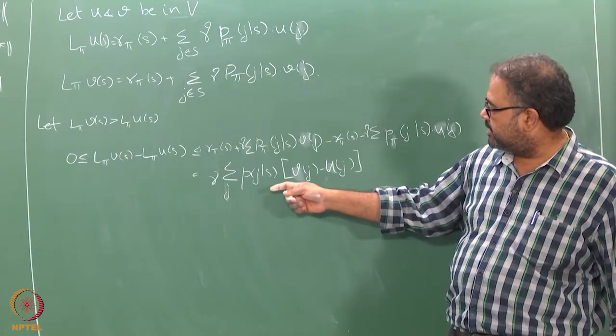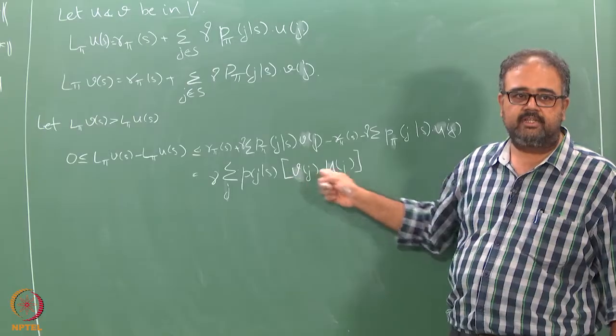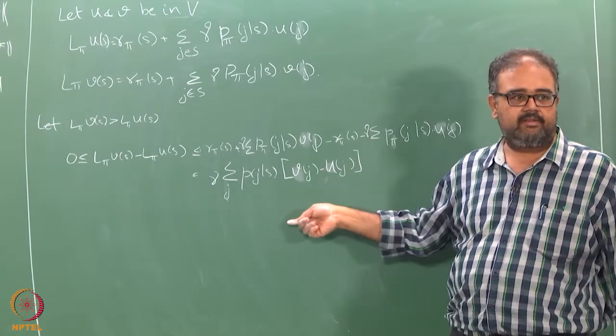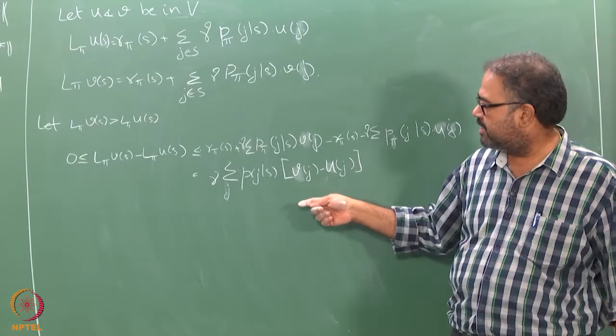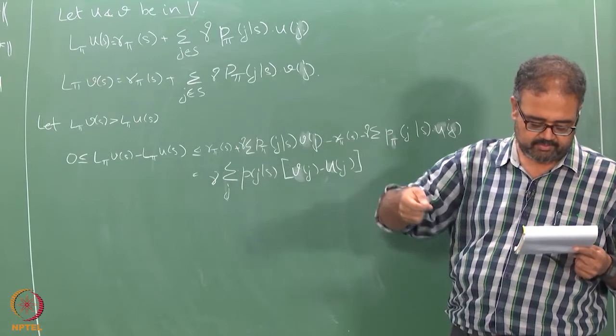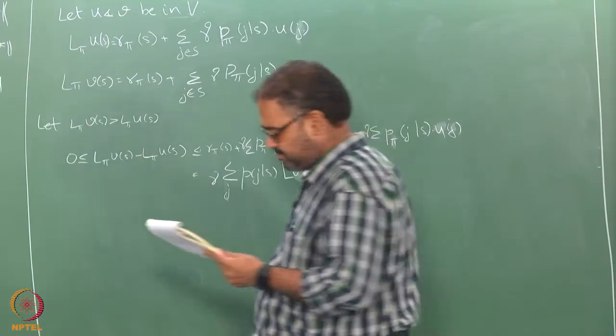So the tricky thing now: I'm summing over all j, right? So I'm going to look at this expression, and what I am going to say is this expression will always be bounded by the max norm of v minus u.